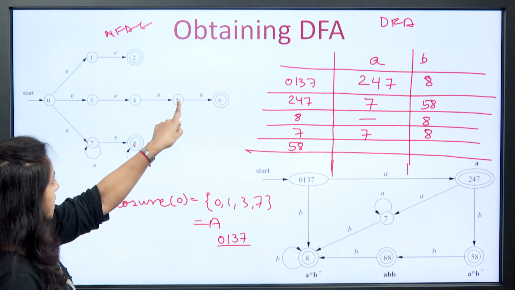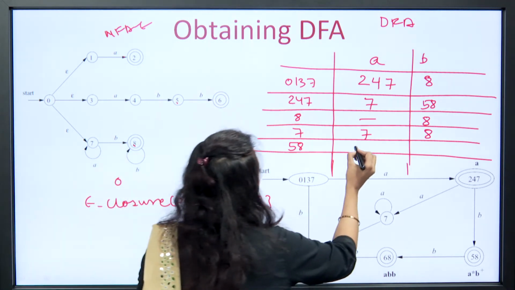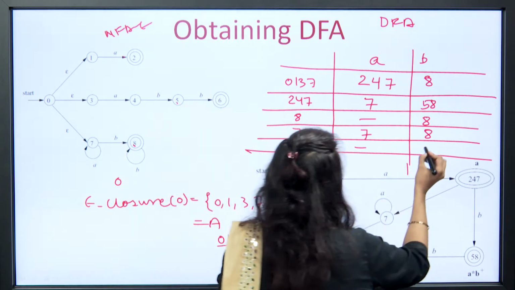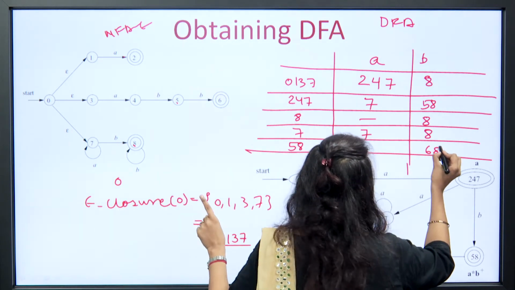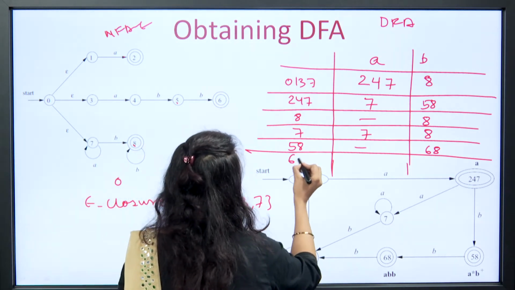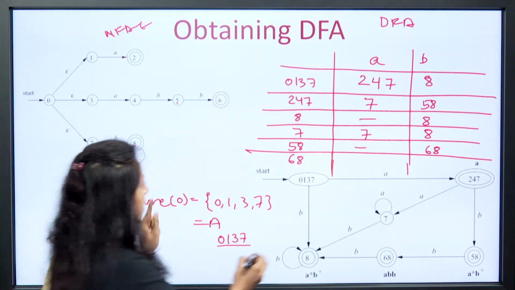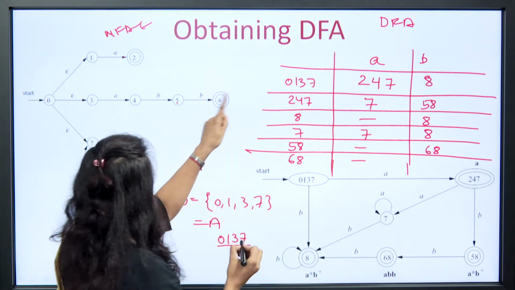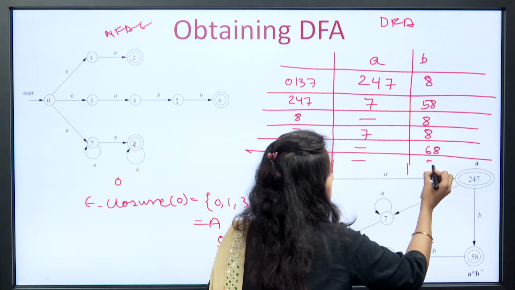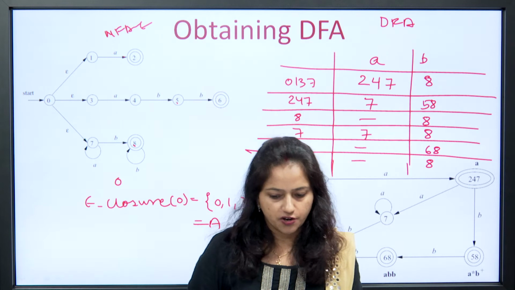At 5 for A, no transition, and 8 for A, no transition, and for B, next states are 6 and 8, and E closure is the same. Now, the next newly appeared pair is 6, 8. 6 for A, no transition; 8 for A, no transition; 6 for B, no transition; 8 for B, next state is 8, and this will be E closure of 8 itself.